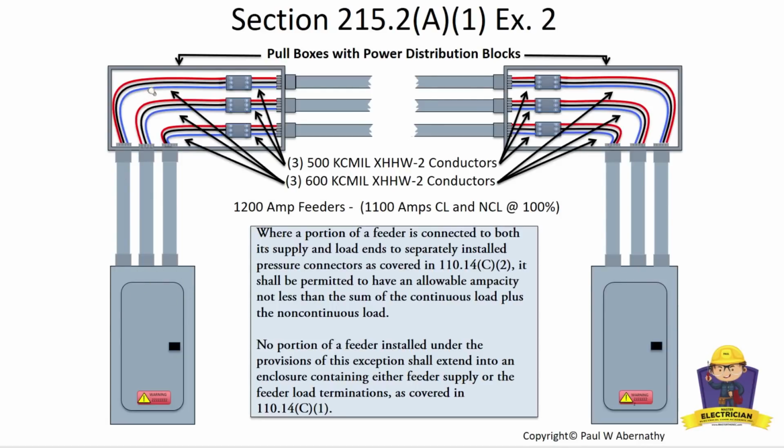So in this case, because of these terminal limitations down here, and remember the rule, it says no portion of the feeder shall extend to the supply or the load portion that has the terminations, like in the equipment, that's going to have certain types of limitations, like circuit breakers. Then this size doesn't get that allowance. It's got to be sized at 125% of the continuous and 100% of the non-continuous. Whereas here, I can end up with a much smaller conductor. The difference between 500 and 600 is 100 kcmils.